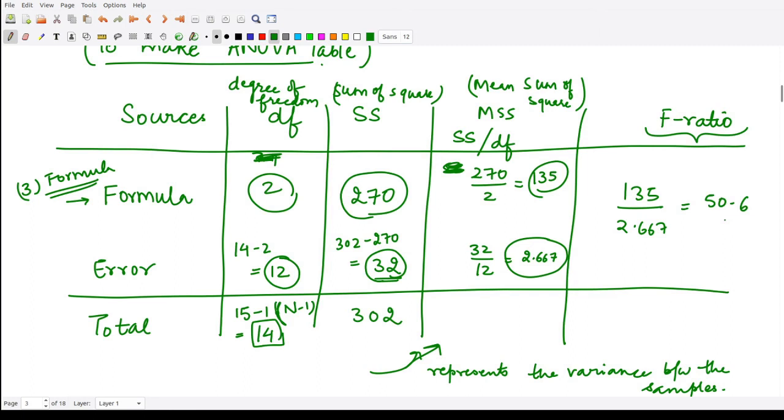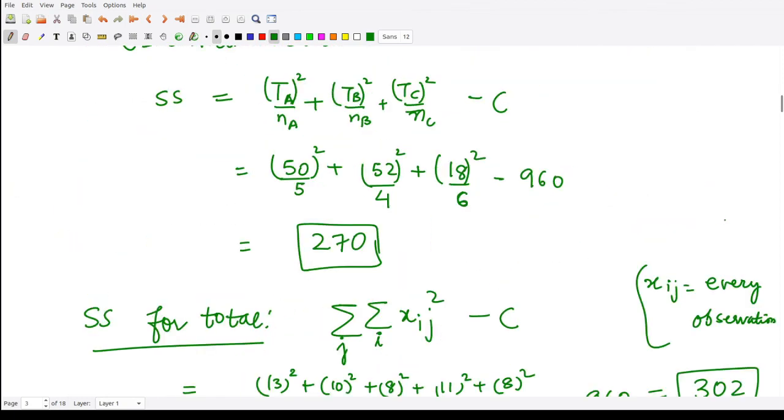Now depending upon the F ratio, we'll make a decision. So this is our calculated value of F for 5% level of significance. Now we will look at the table to determine what is the F value at 5% level of significance.